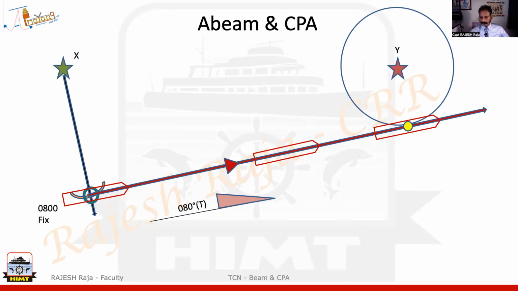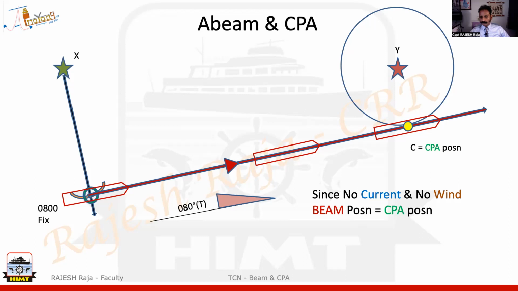And you will see that closest point of approach is going to be my beam position also, because in this question, I have not given you current and wind. So in this typical example where no environment is there, your CPA position and beam position have to be same.